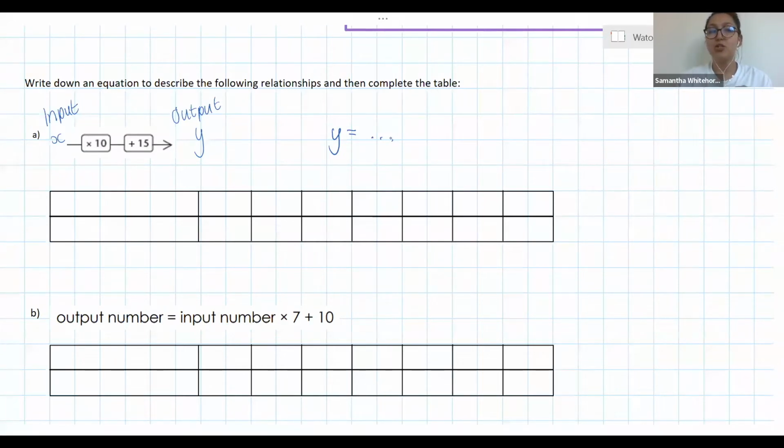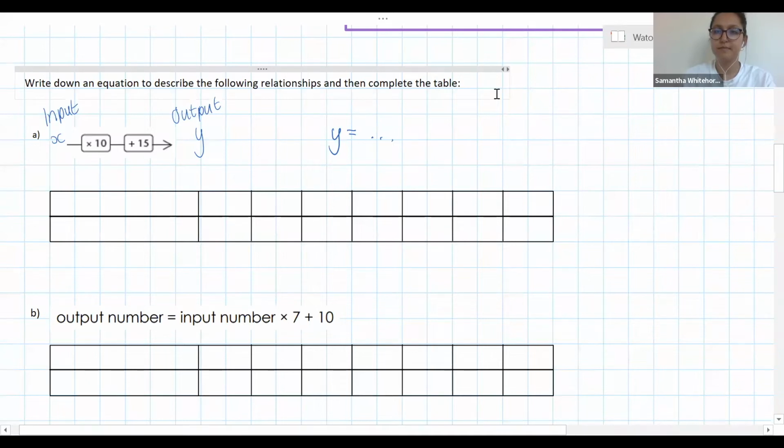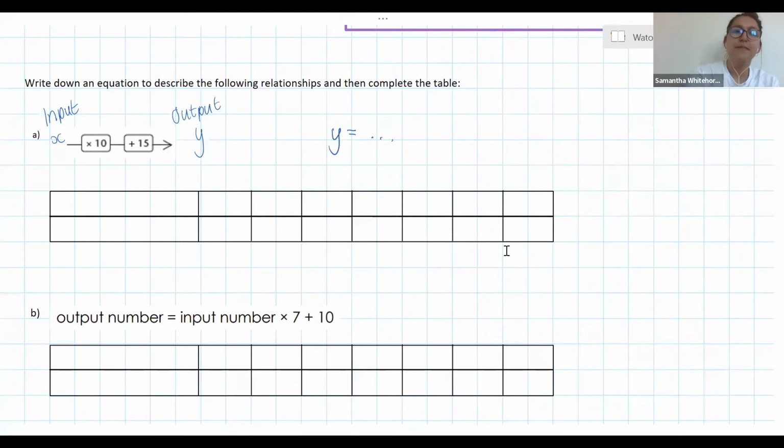Would anyone like to suggest what my equation would look like if I write it as y is equal to something to do with x, using those operations in my flow diagram? Okay, no one yet. That's fine. We're still warming up.